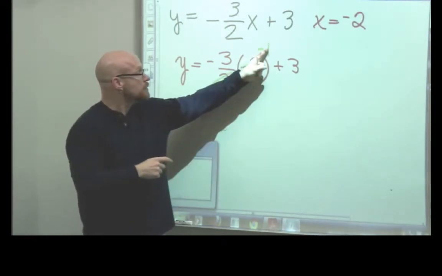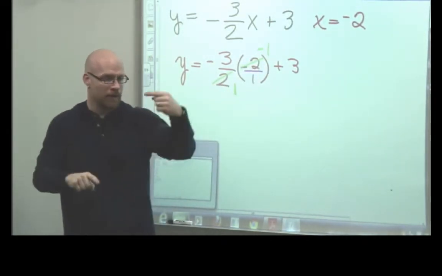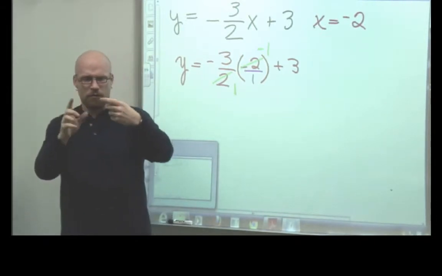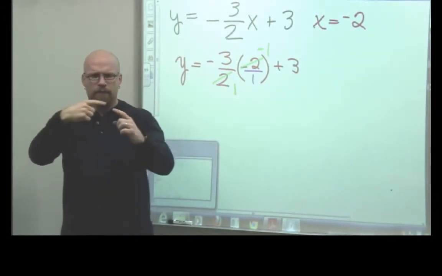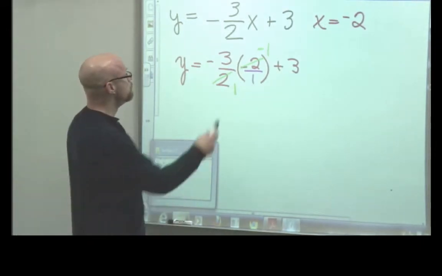Now we can see we're going to multiply negative 3 with negative 1 and multiply 1 with 1. So what happens is negative 3 times negative 1, we have a negative and a negative. It's a positive. It's going to be positive 3.